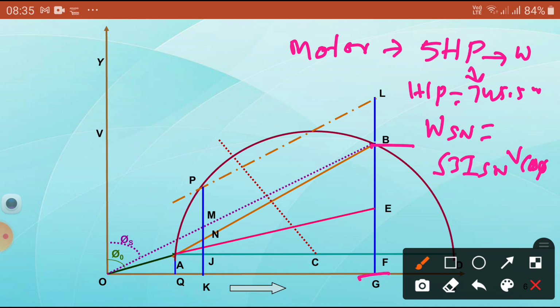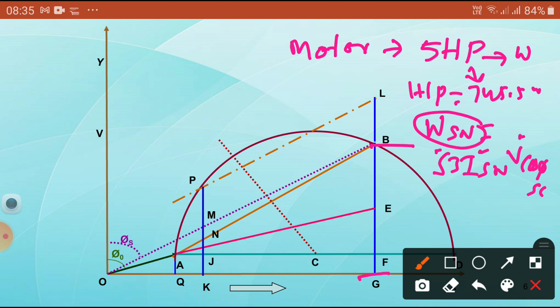Root 3 we know, ISN we calculated at the normal voltage. If you apply the normal voltage, what is the short circuit current? Already you know the current scale, and you know the rated voltage V, and cos phi S. From this you are going to get some power.